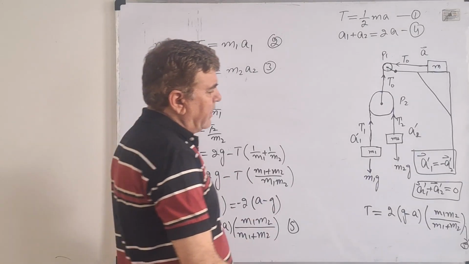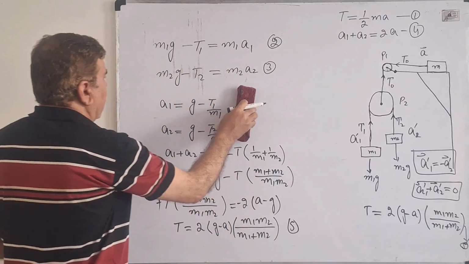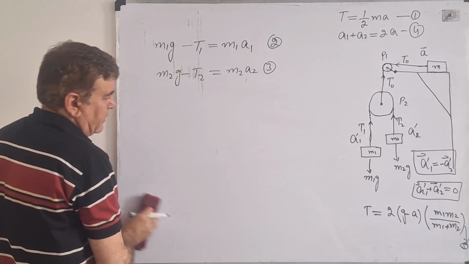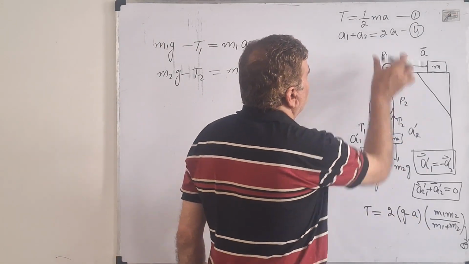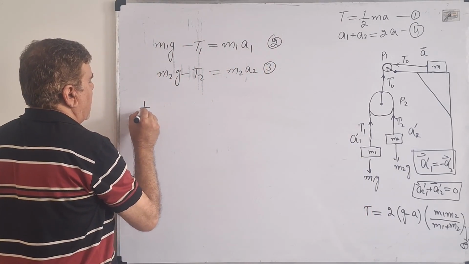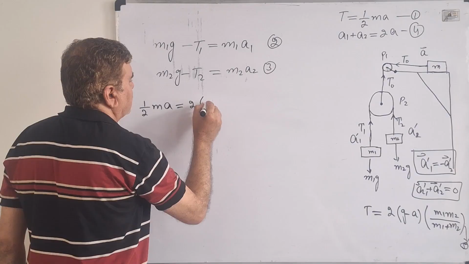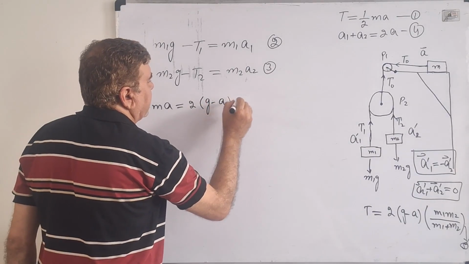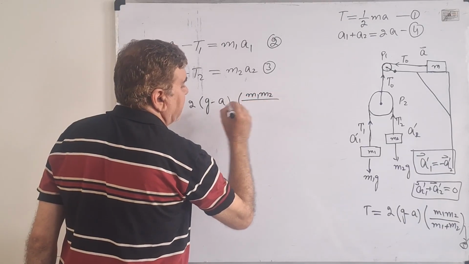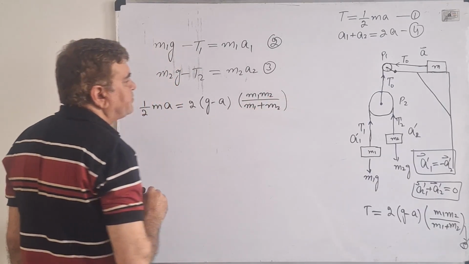Now, if I compare equation 5 with equation 1, I don't need any of these other things, so I can safely remove them. Comparing these two equations, I can write half m A equals 2 times (g minus A) into m1 m2 divided by m1 plus m2.